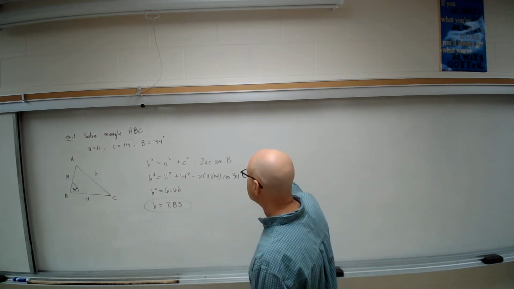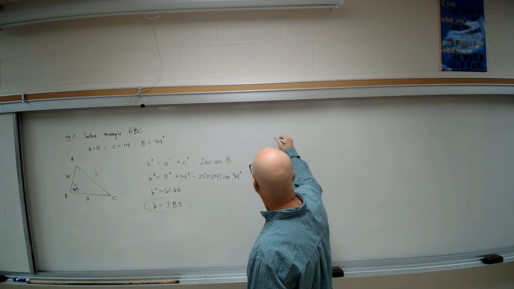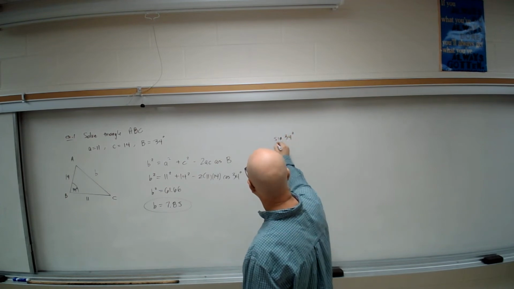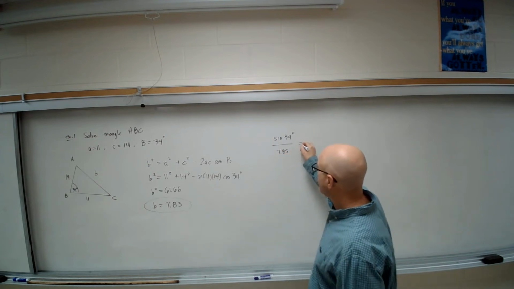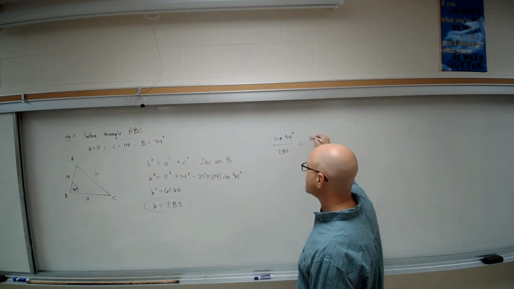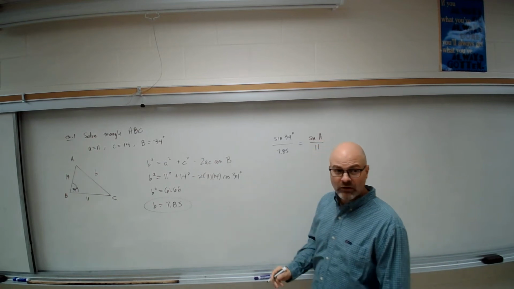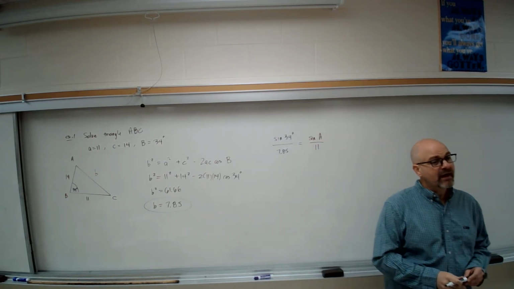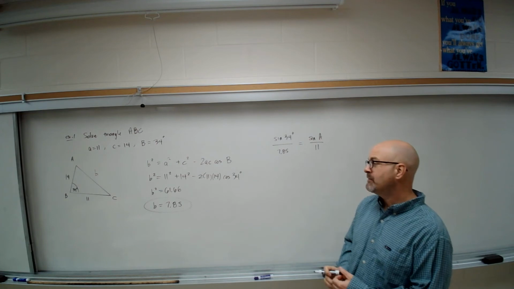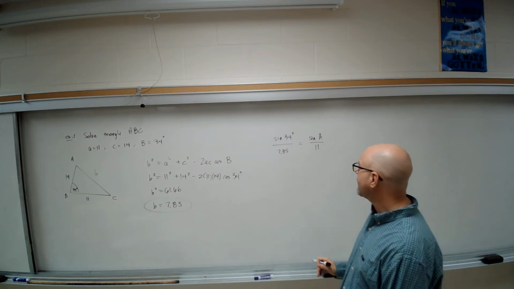So what I'll do here is the sine of 34 degrees over 7.85 equals the sine of angle A over 11. Again, find the smaller angle. The ambiguous case should not be a problem then.